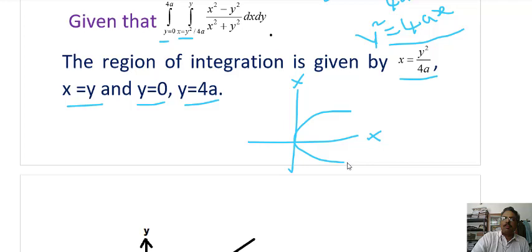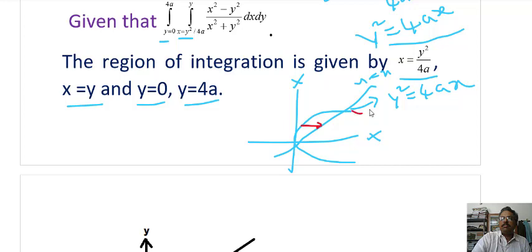Then the x limit: x equals to y is a straight line, that is y equals to x. If you observe the x limits along the x-axis, the lower curve is this one.